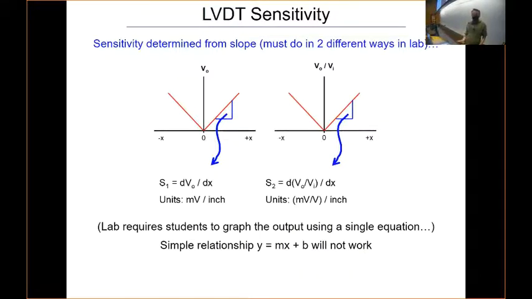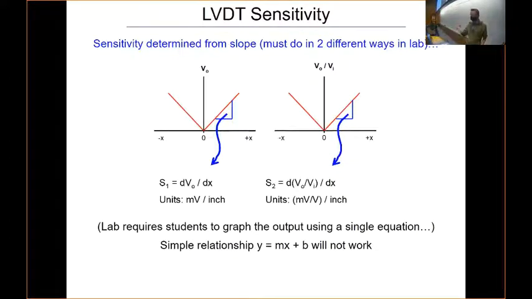So S1 is what we're familiar with. The S2, the difference there is that you're taking the input voltage out of it. Here we're dividing that input voltage out of the sensitivity. Say you have your LVDT set up in something and you apply a source voltage to it.